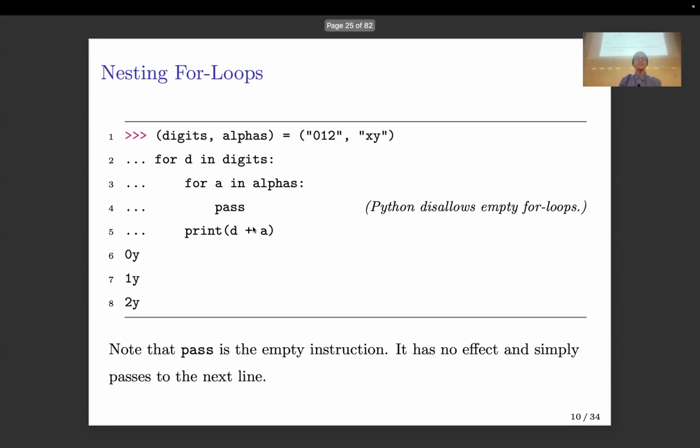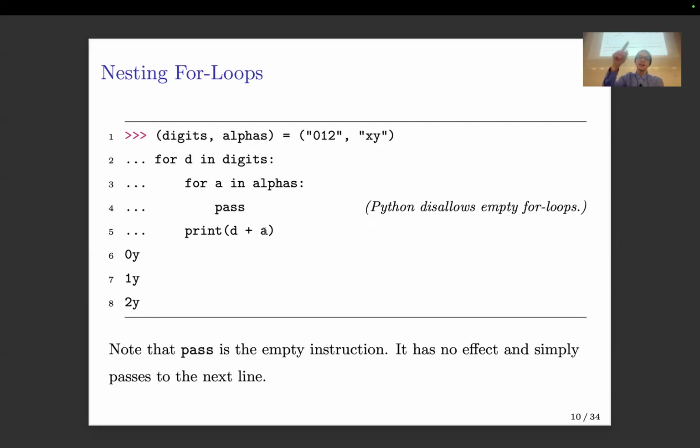0y. All right, so let's investigate what happened here. So at line 1, we assign values to digits and alphas. At line 2, Python says, I need to execute a for loop. So I'm going to start walking through 0, 1, 2, starting at 0. So D gets 0. And then it's going to say, I now need to execute the body of this for loop. But that is just a for loop that walks alphas to the very end.